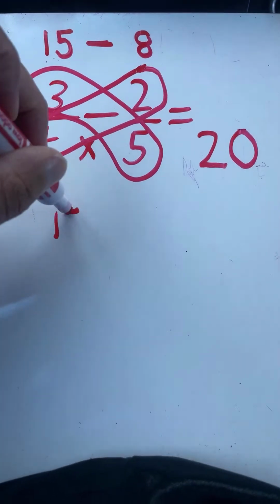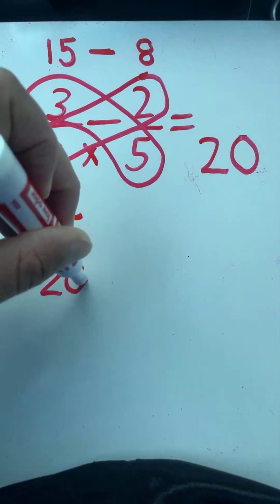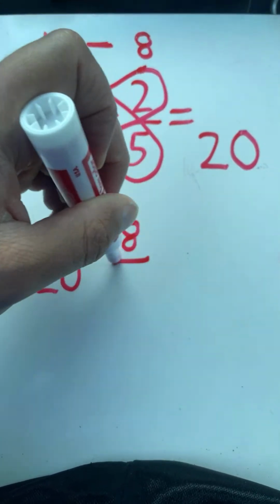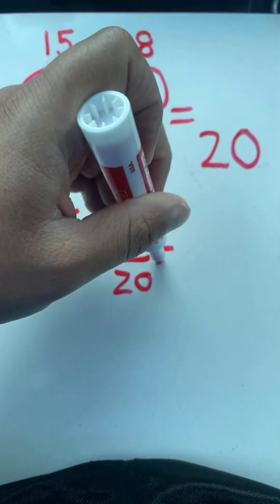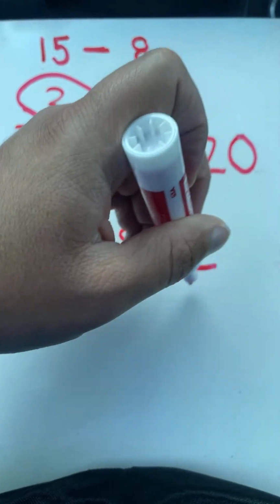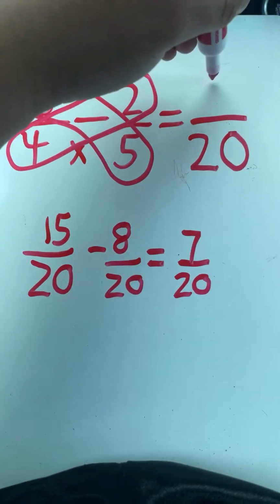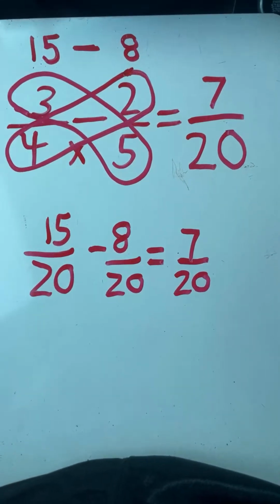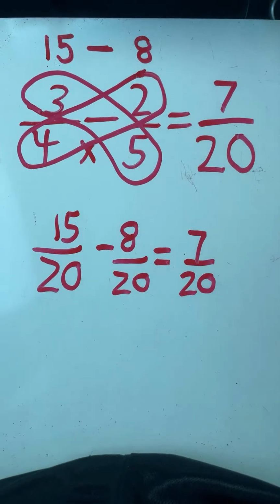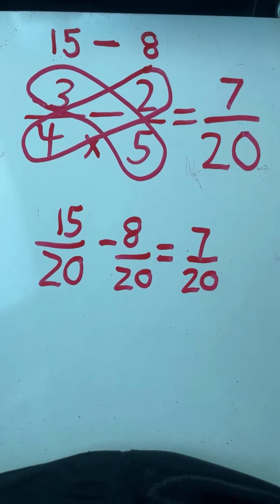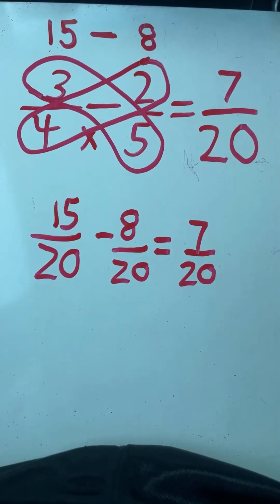So we have 15/20 minus 8/20. So 15 minus 8 equals 7. So we have our final answer here. 3/4 minus 2/5 equals 7/20.